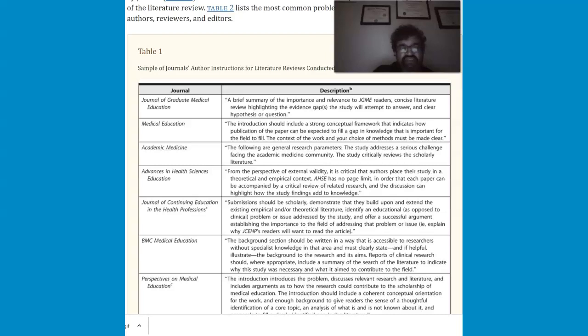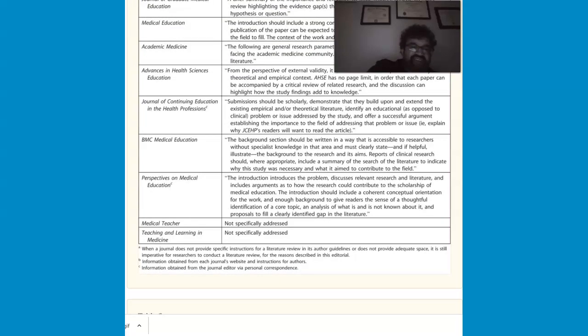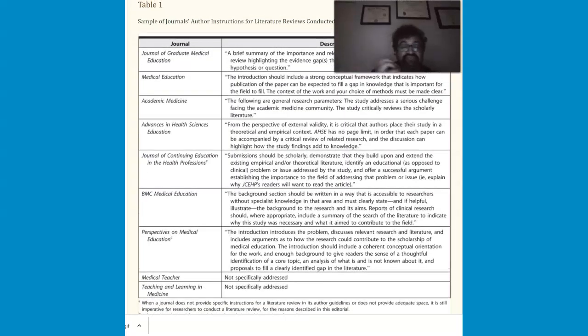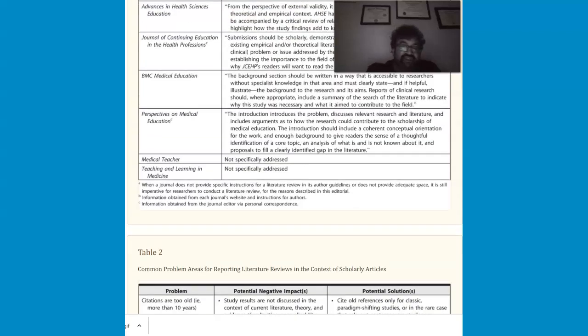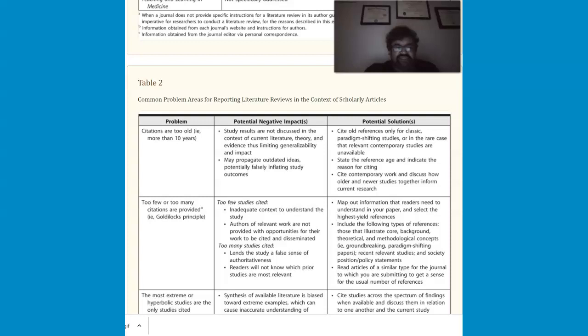So here what you're doing is you're establishing the importance to the field of addressing that problem or issue by explaining why readers will want to read the article. Now I'm not going to read through all of these. There's BMC Medical Education, Perspectives on Medical Education, and Medical Teacher. So these are all journal sites where you can kind of present your findings on innovative sort of curricular development.